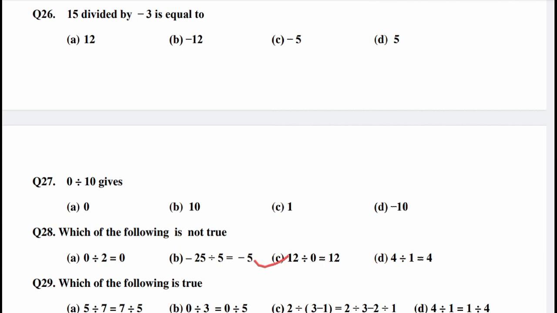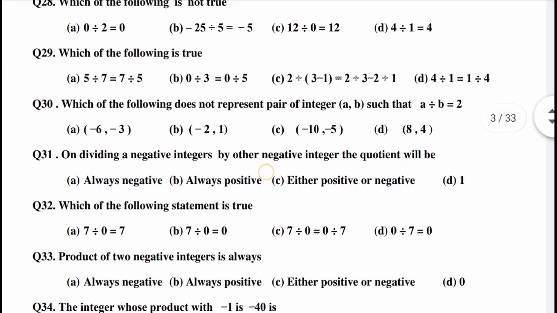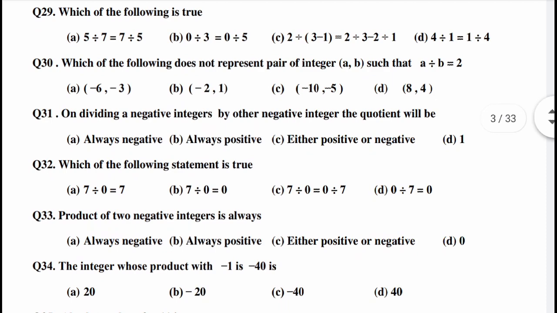Question number 29. Which of the following is true? So we solve these equations one by one. A is 5 divided by 7 is equal to 7 divided by 5. It is wrong because we will get different answers.